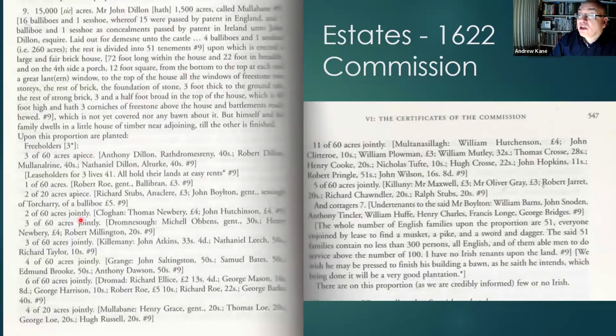But it also describes how many people he has granted leases to, and who they all are, and which townlands they're in. So you can see that, for example, Grange townland is being granted to John Saltington, Samuel Bates, Edmund Brooke, and Anthony Dawson. So these are not big farmers, but they appear in these records from 1622. And every townland in his estate is listed.